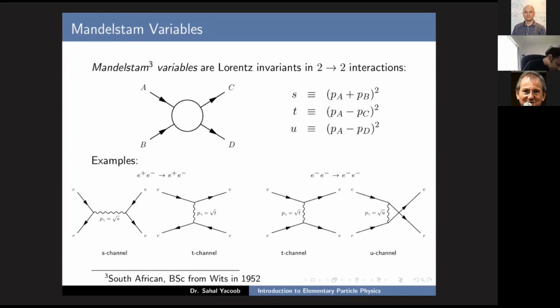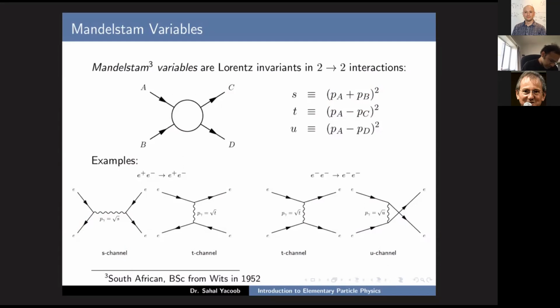So if we look at our first diagram, which is an electron and a positron annihilating to form a photon, which then pair produces. This is called an S-channel diagram because the momentum carried by the intermediate boson is the sum of the two incoming 4-vectors.